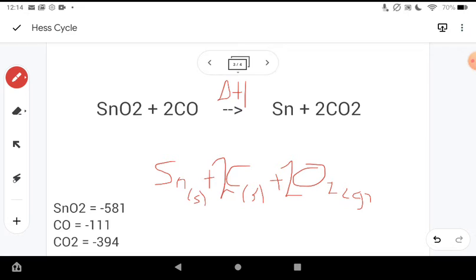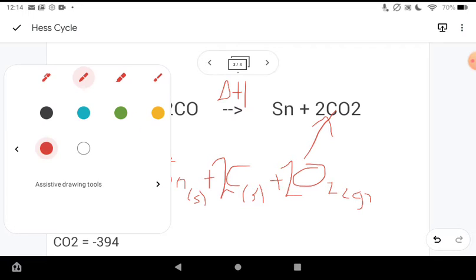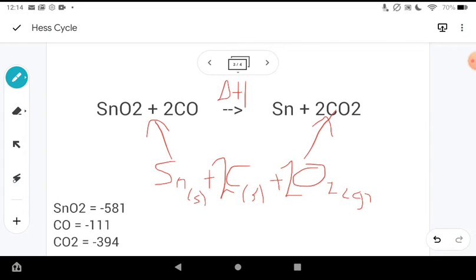Now, because this is a change of formation, my arrows are going to go up, and I've got to figure out what the value of this arrow is and this arrow is. The value of the arrow on the right, my products, would be 2 times the enthalpy change of formation for CO2, which is minus 788, I believe.